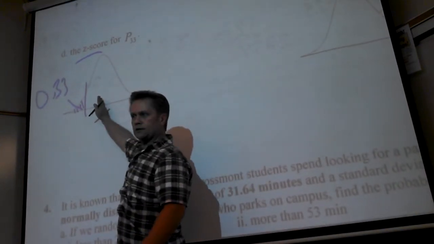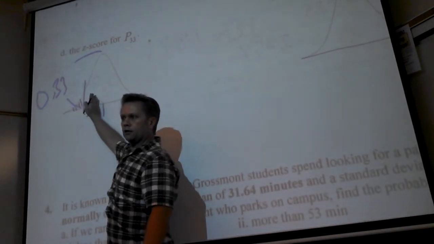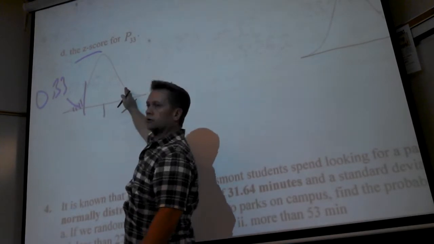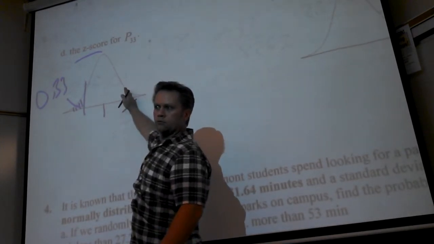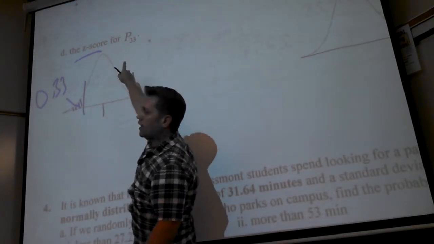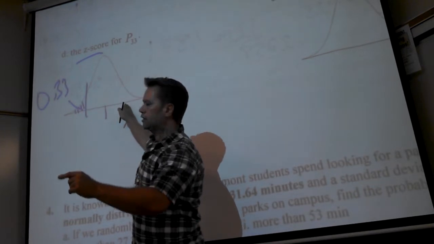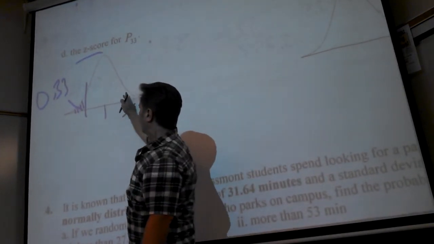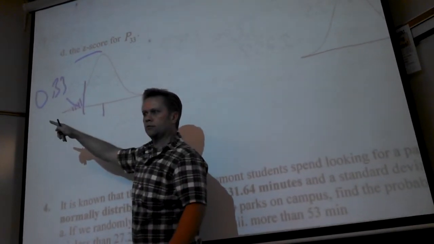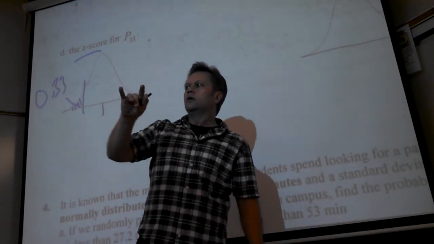That's P50. That's the median. So it's got to be here to have 33%, right? If it was P80, it would have been up here. With me? Visually, if I said P80, that should be the line that I draw that has 80% below it. So that's 50%, so it'd have to be up here, so now it's got 80% below it. I like that expression. It's one of my favorites. All right.